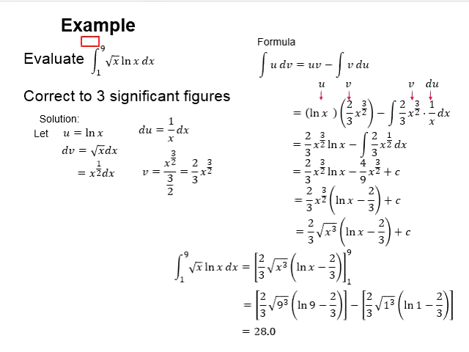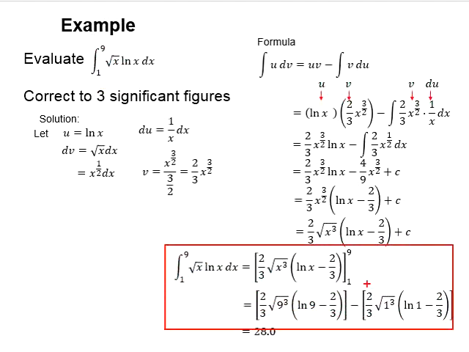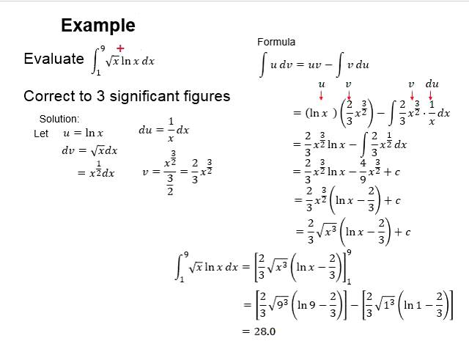Let us try one more example for integration by parts. There are two functions here, square root x and ln x. You know that it is related to integration by parts. There are boundaries here. That means it is a definite integral. From the table of formulas, there is no formula for the integral of ln x.